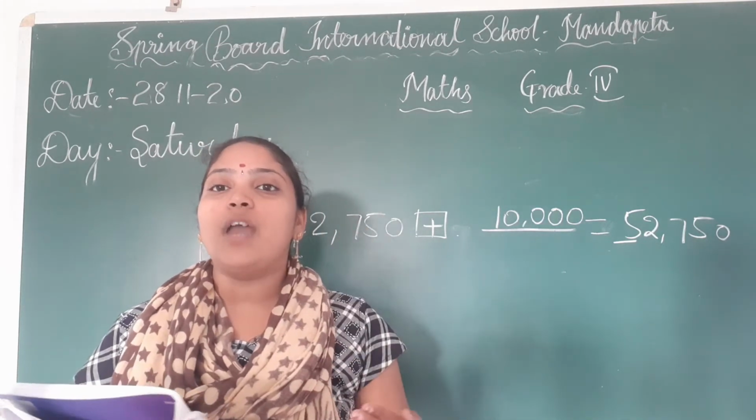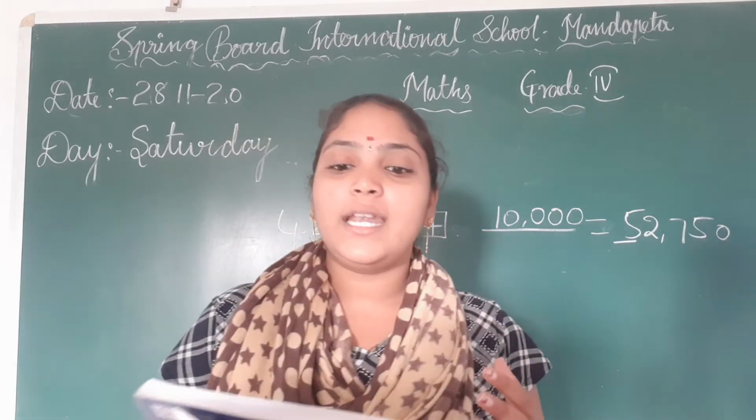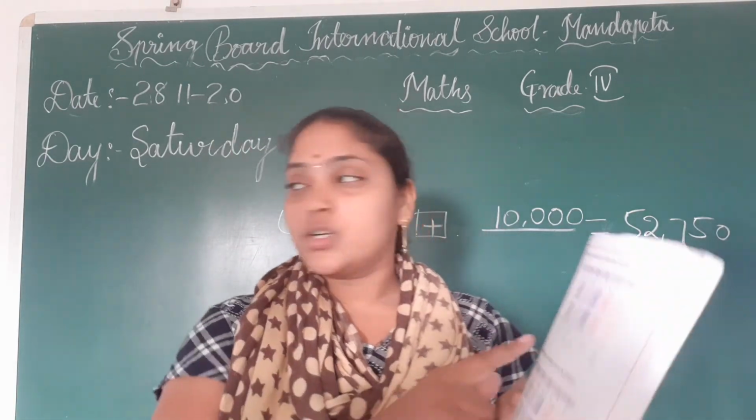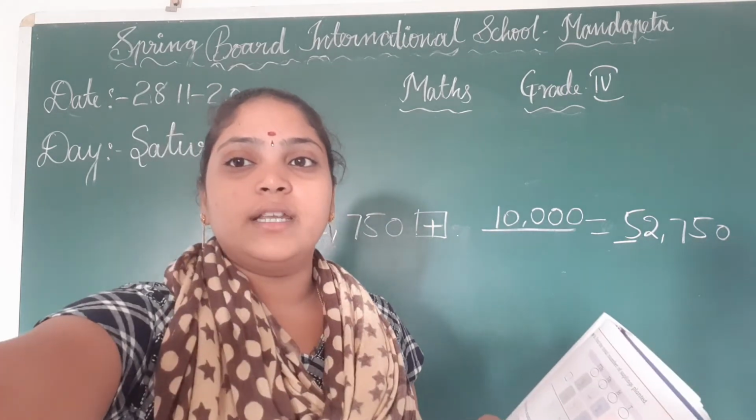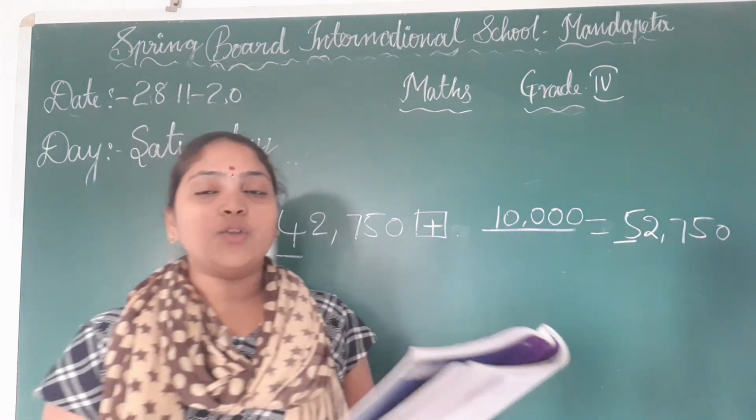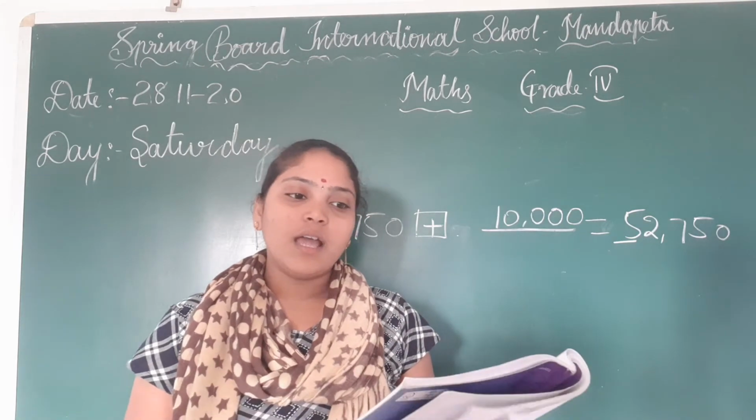So first you have to find the total number of saplings planted. The total number of saplings is 72,023. So totally 72,023 saplings were planted.